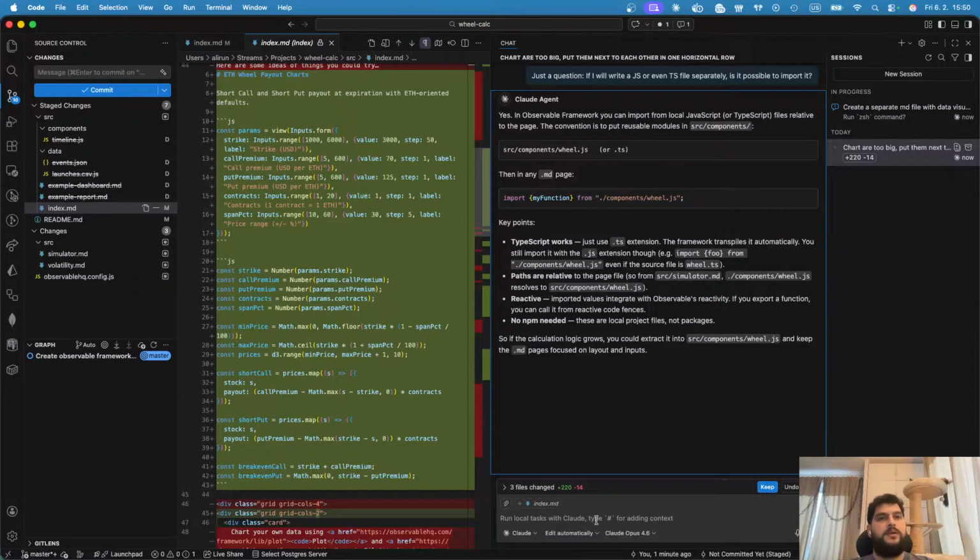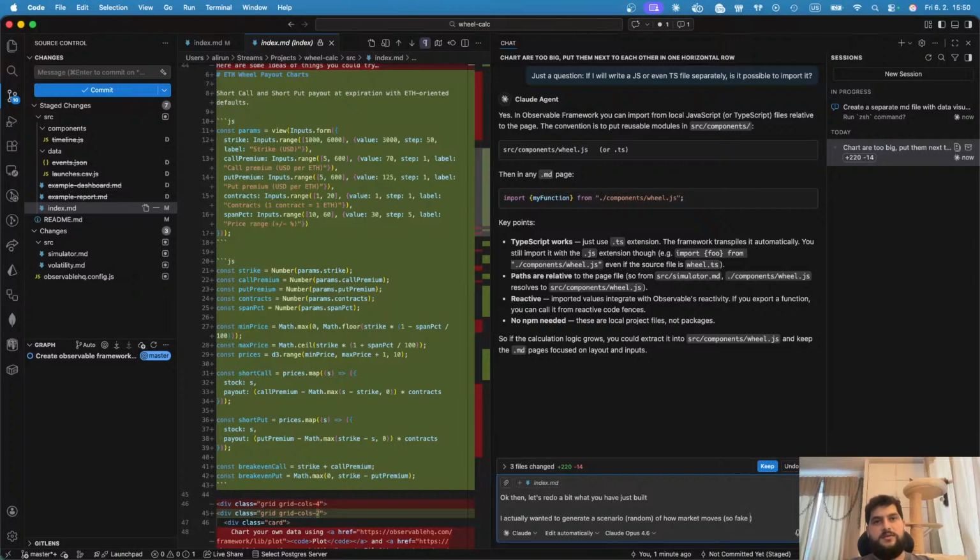Okay, then let's redo a bit what you have just built. I actually wanted to generate a random scenario of how the market moves.